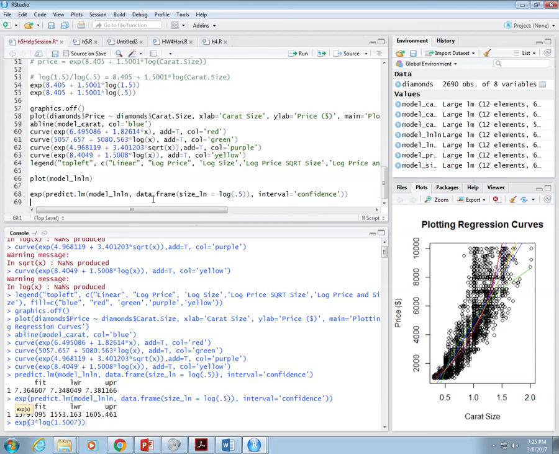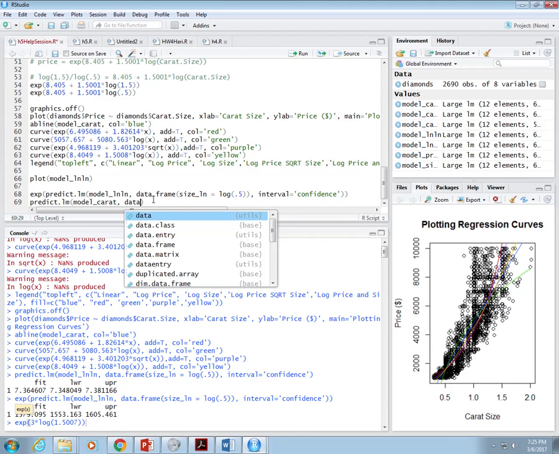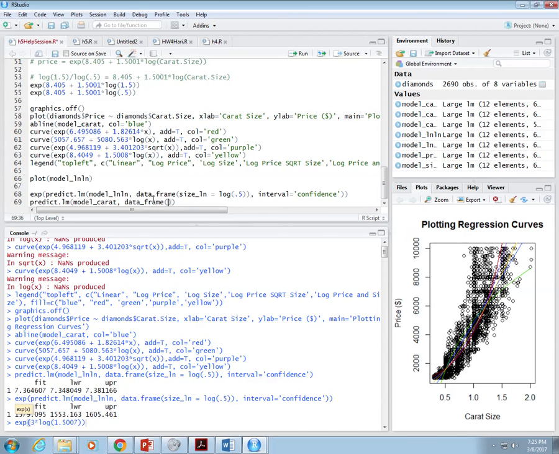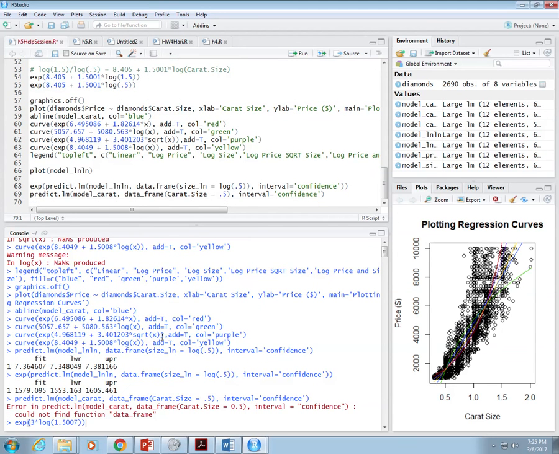Okay, and so we can see the predict from model caret. Size 5. Y'all did this before in the previous homework, but basically just doing the confidence interval of the previous one.